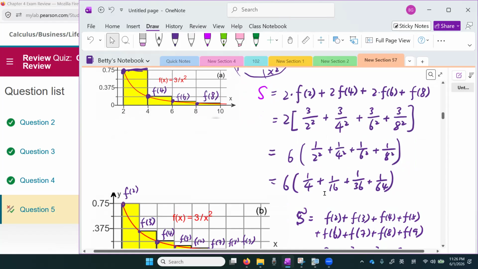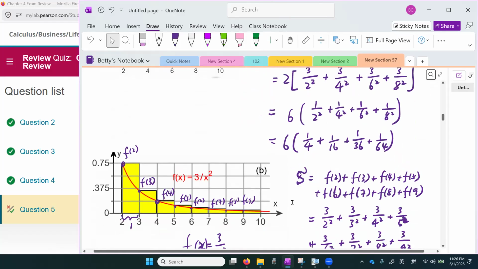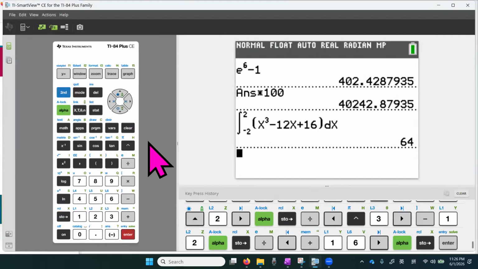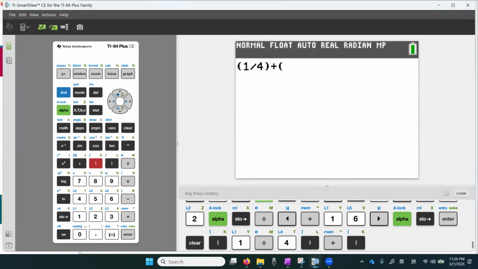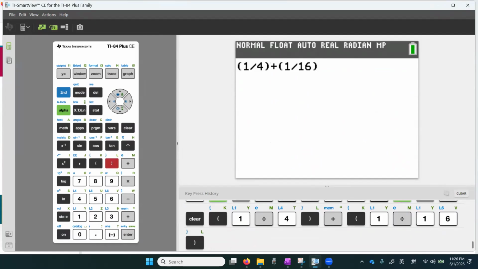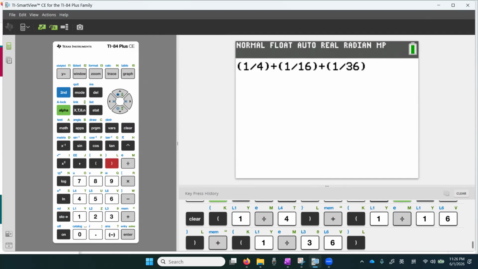36, 16, 4. Let's do the calculator again. Maybe we messed up the calculator, or I forgot to multiply by 6. So 1 over 4 plus 1 over 16 plus 1 over 36 plus 1 over 64.